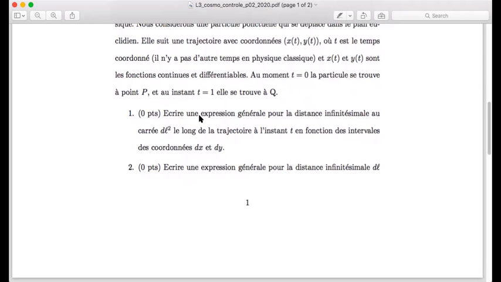I want you to write a general expression for the infinitesimal distance squared, so let's write that as dl squared, along the trajectory at an instant t, as a function of the intervals of the coordinates x and y.